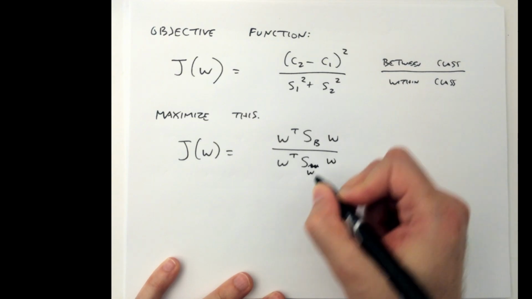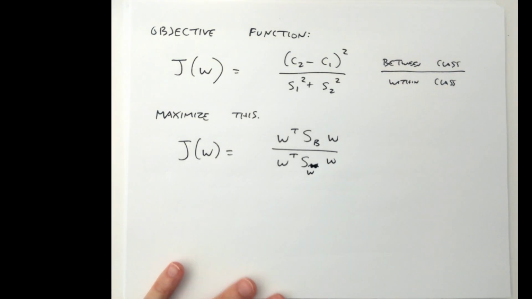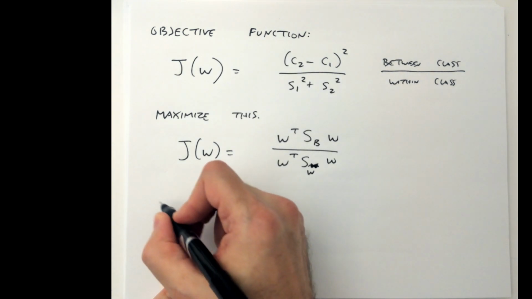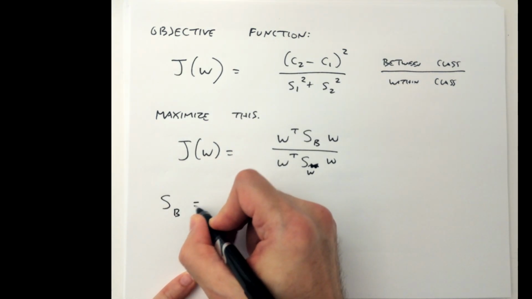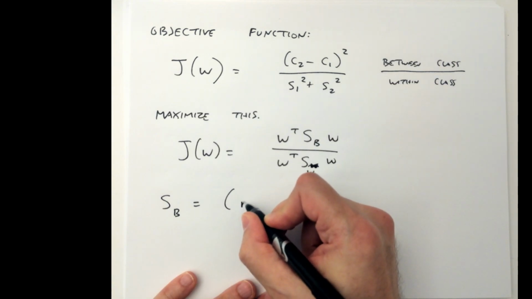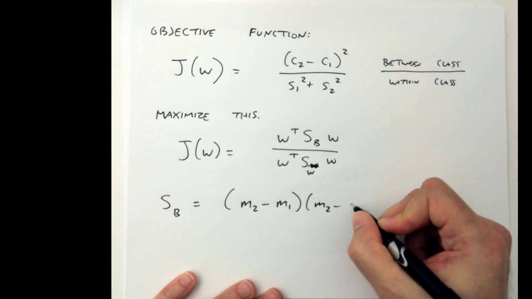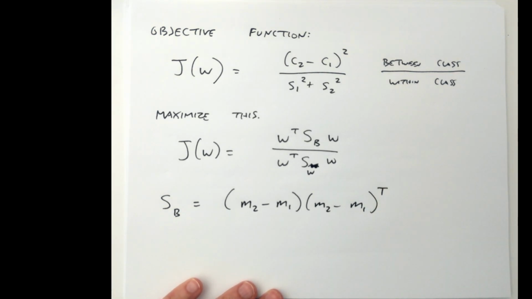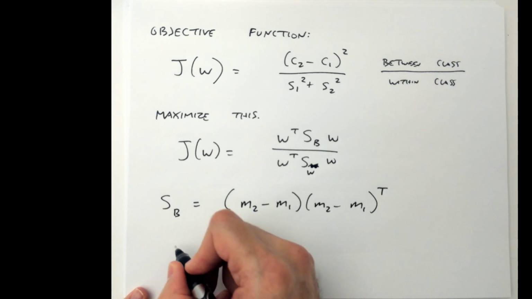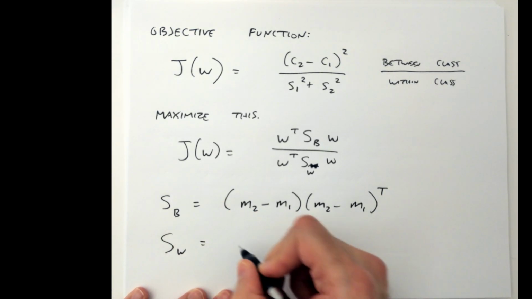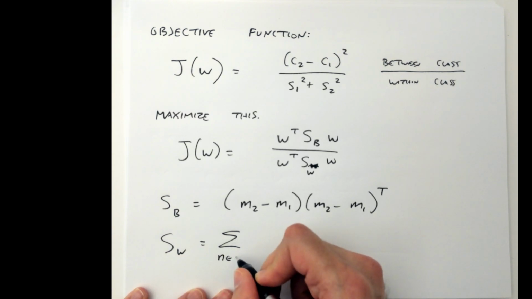Maybe I should make sure it's a subscript. So here, this between class matrix is given by this thing, and this within class matrix is given by this equation.